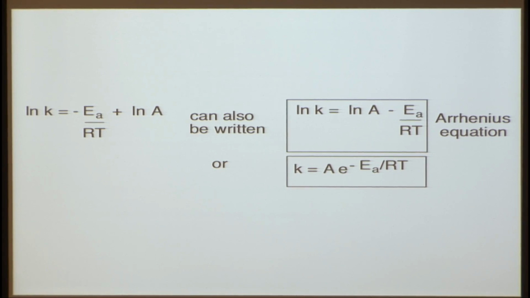So natural log of k equals natural log of A, the Arrhenius factor A, minus the activation energy over the gas constant times temperature. And of course, if you want to solve for k, you take the inverse log of both sides. Then k is equal to this factor A, again measured for every reaction in question, e to the minus EA, the activation energy, over RT.